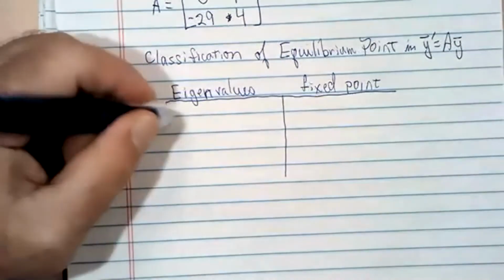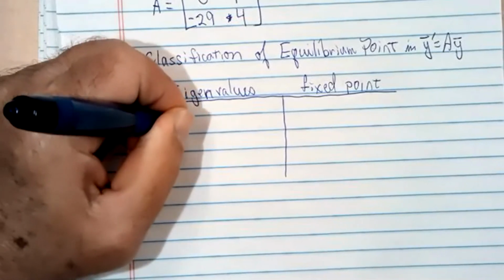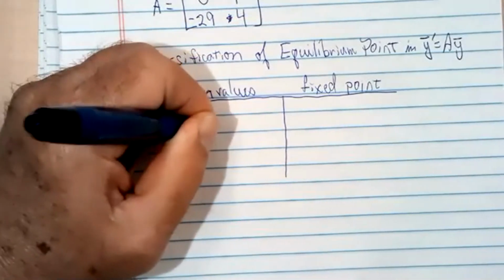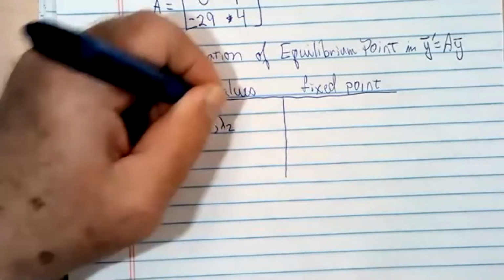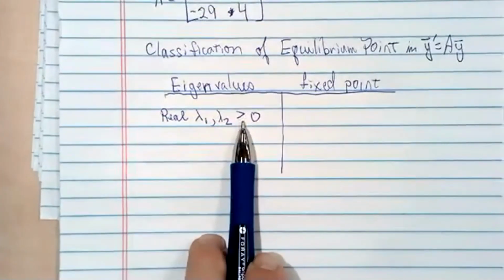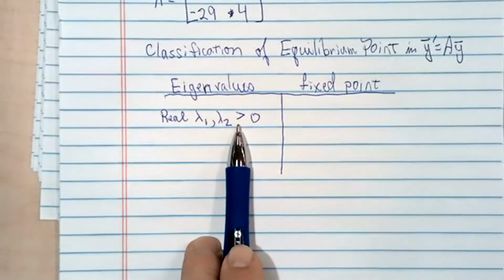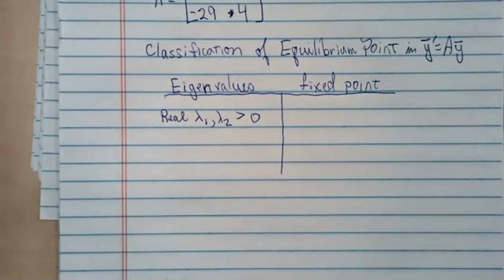Okay, if you have two real eigenvalues, lambda 1 and lambda 2, by the way, real is actually implied by this. Complex numbers are not simply ordered. Pick two complex numbers, one may or may not be bigger or smaller than the other.